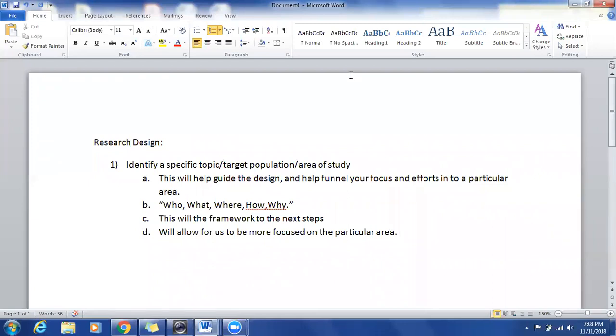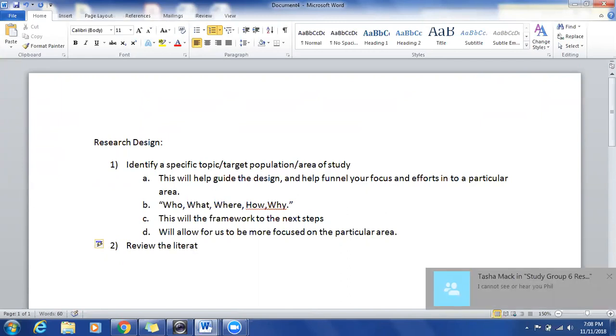With that, keep both of these boxes open. Once we identify what we need, this is where we save ourselves a lot of time, because as social workers, our time is super valuable. So this is where we review the literature available to us.